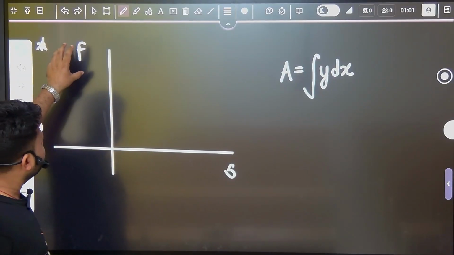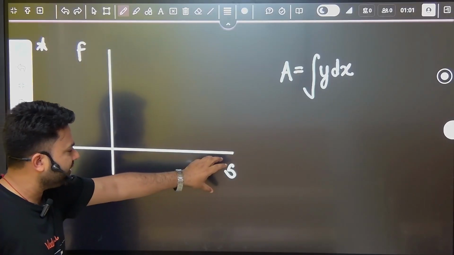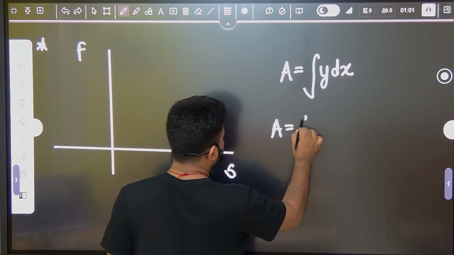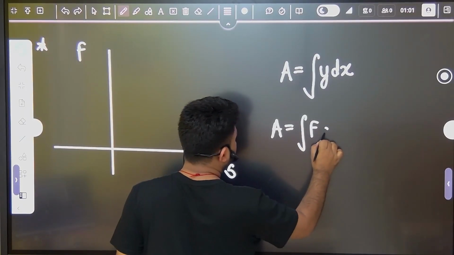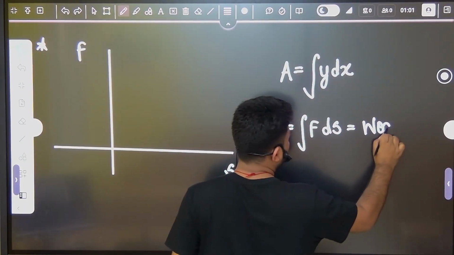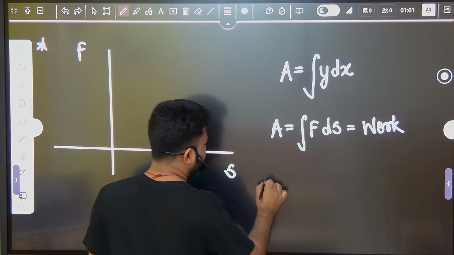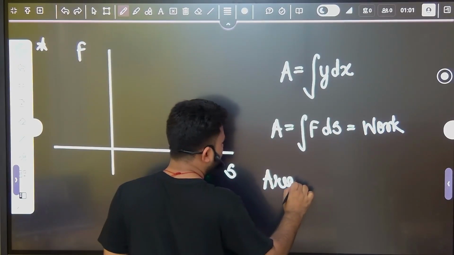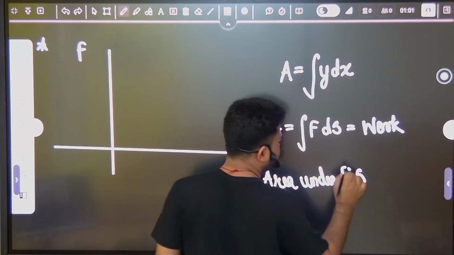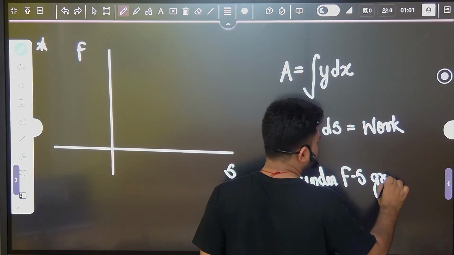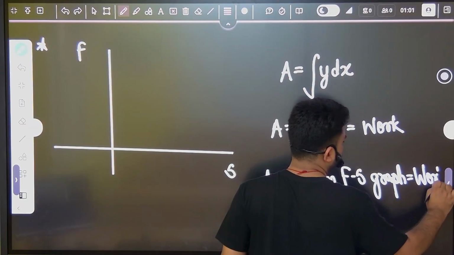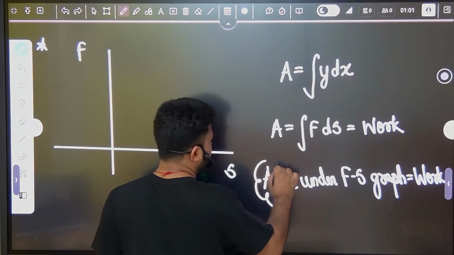If in place of y we have force and in place of x we have s, what will we write for the area under the graph? The area under the graph will be integration of F ds. And what is F ds? Work. This means the area under the force versus displacement graph is nothing but work. So this point is also very important.